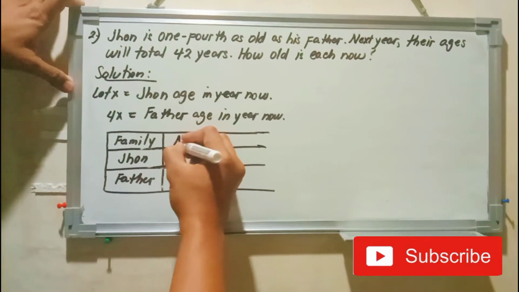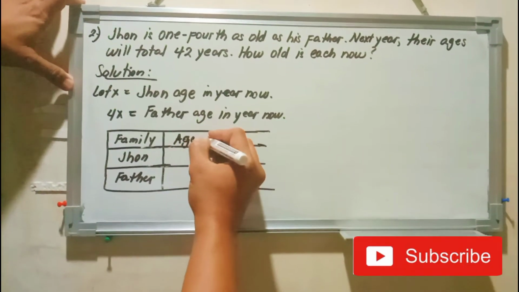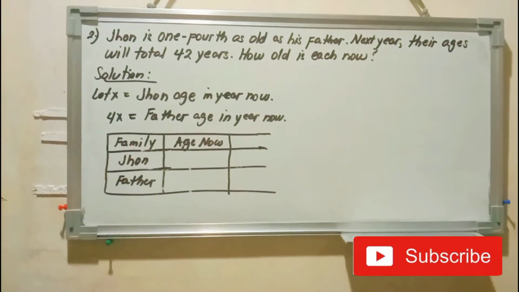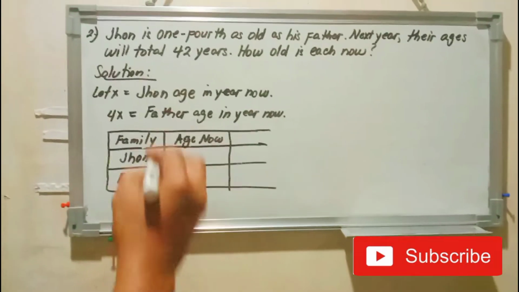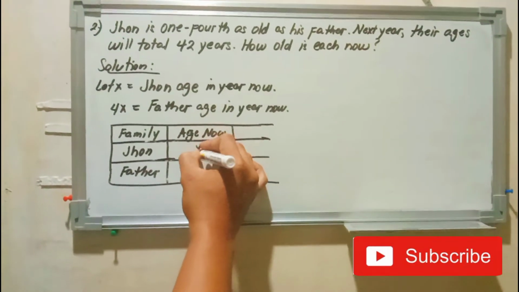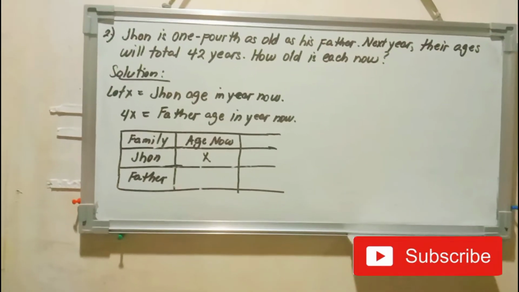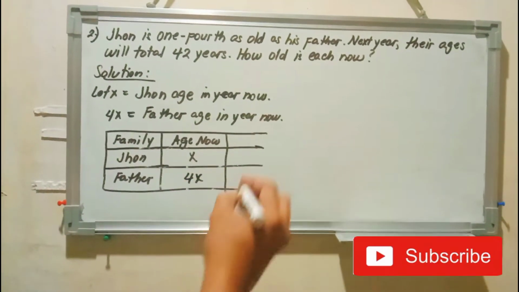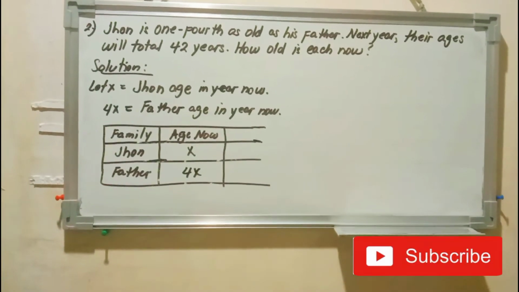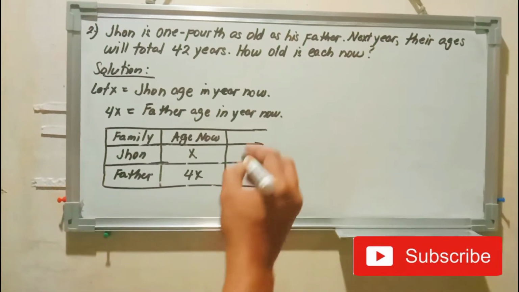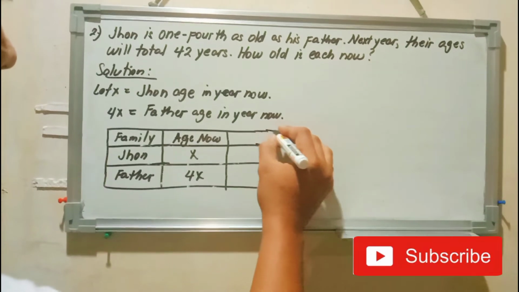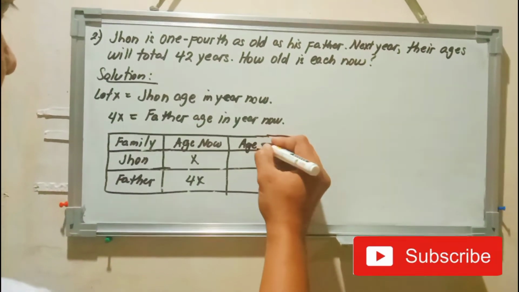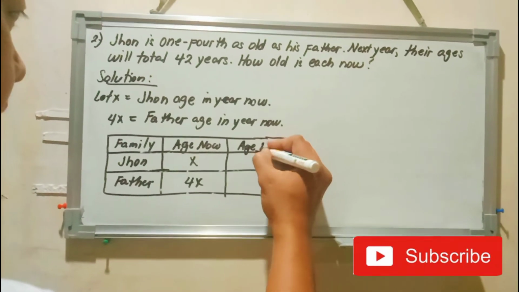Age now: what is the age now of John? x is a variable, and the father is 4x. The third column is the age next year.